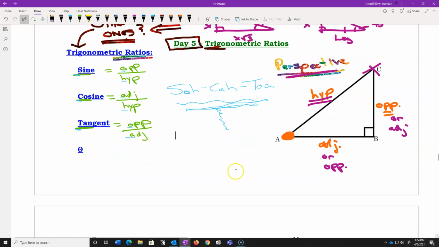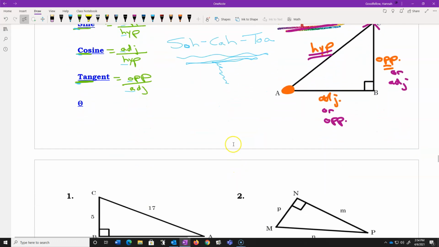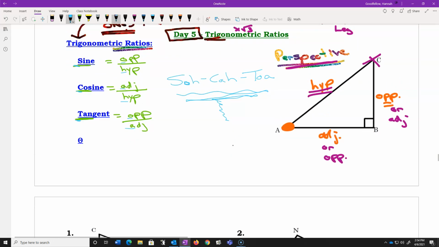Never mind. All right. Now, one of the other things that you're going to have to be concerned with when you do SOH-CAH-TOA questions is you might be asked about theta. This is an actual Greek letter, the word theta. What it really stands for is angle.